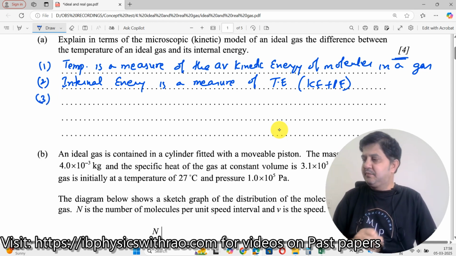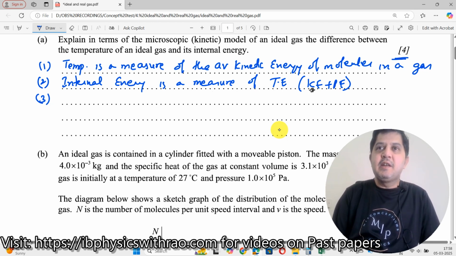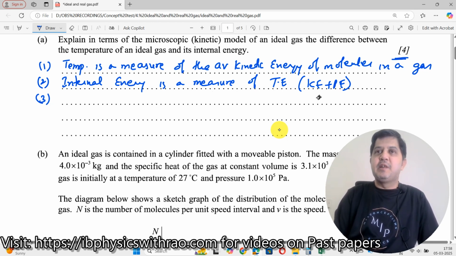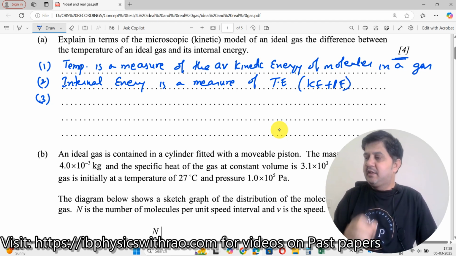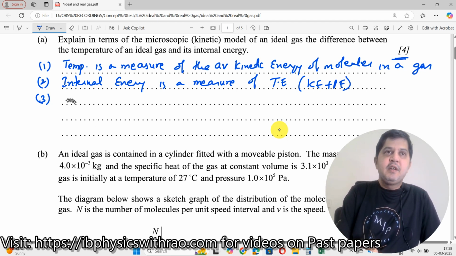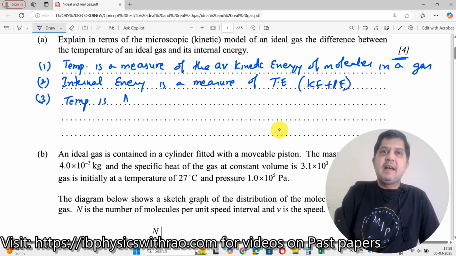Third point, you may ask me, potential energy of a molecule is 0, how is it? But there is also a bond energy, right? So we are considering that part also here. And the third point, temperature is average kinetic energy per molecule. That's what we can write over here.